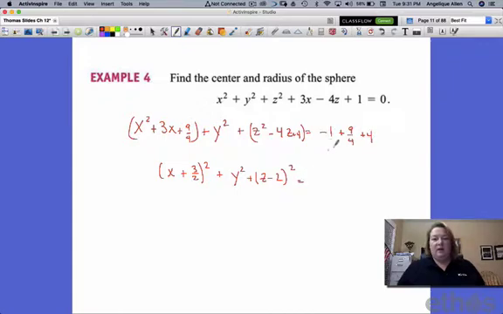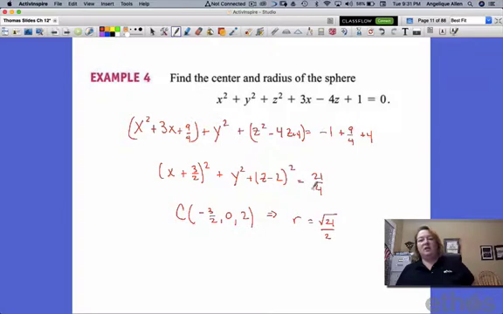And then we've got 3 would be 12/4, plus 9 is 21/4. And so our center would be -3/2, 0, 2, and our radius would be the square root of 21 over 2.